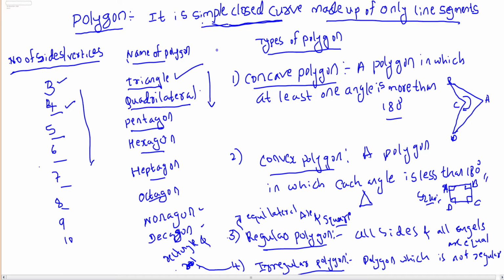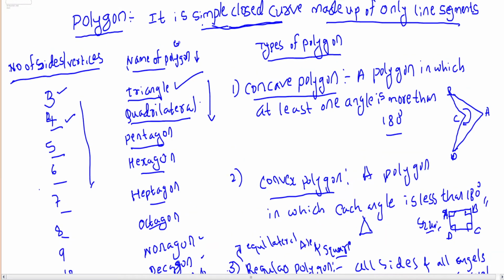We name them based on the number of sides, because tri means three sides, penta means 5, hexa means 6, hepta means 7, octa means 8, nona means 9.